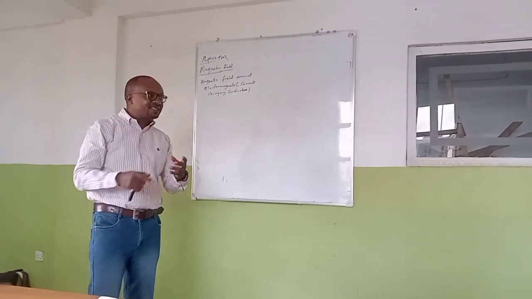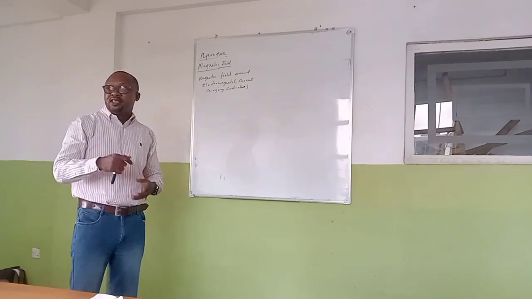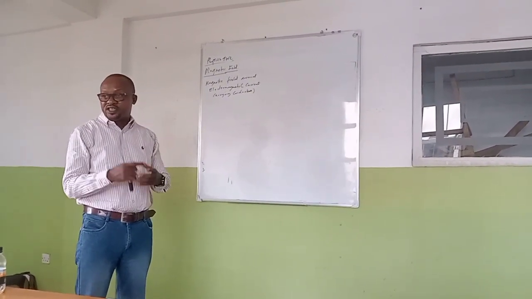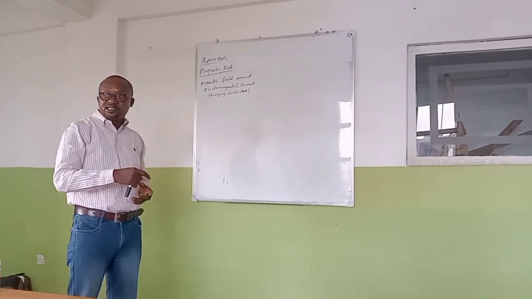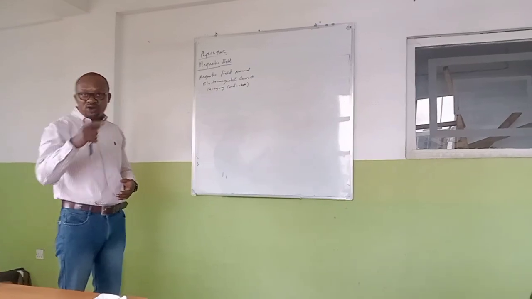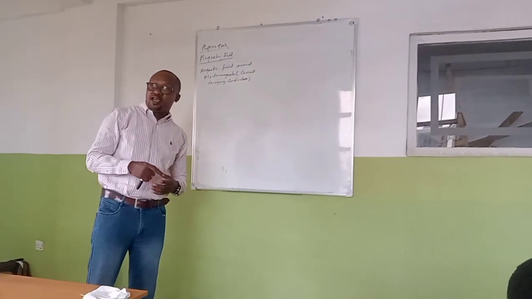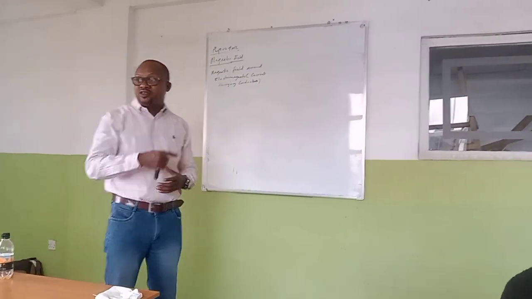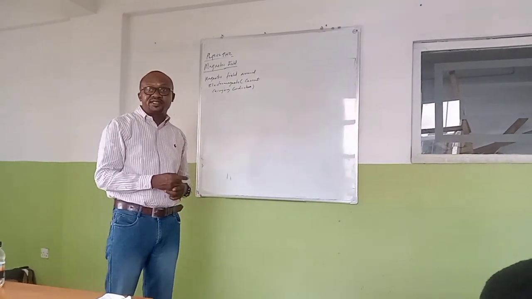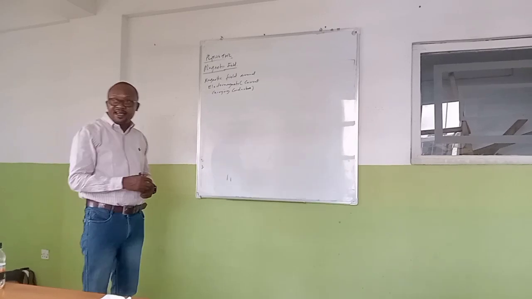As the current reverses its direction of flow, the direction of the magnetic field will also change, because magnetic field is a vector quantity. As the current also changes in magnitude, the magnetic field will also do what? Change. So if the current flowing through the electromagnet is an alternating current, the magnetic field will be changing as the current is changing. Is it clear?